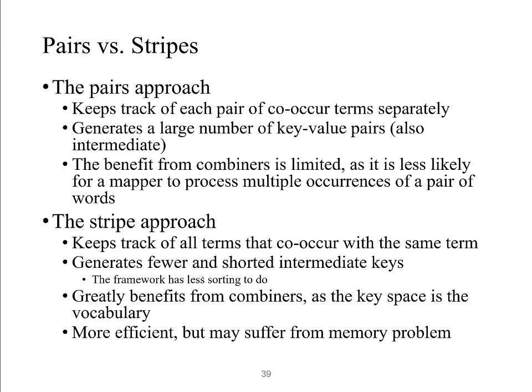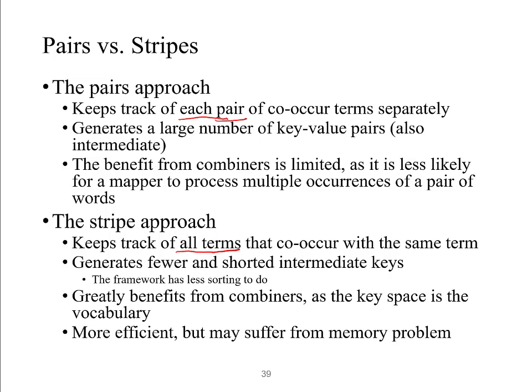Now, if we compare the pairs idea and the stripes idea, the pairs approach keeps track of each pair of co-occurring terms separately, right? And the stripes approach keeps track of all items that co-occur with the same term.